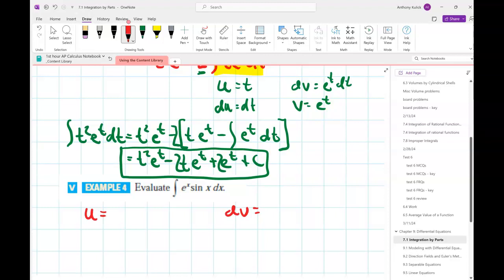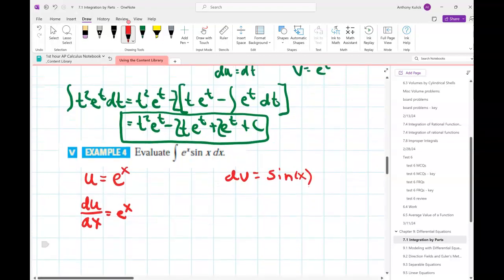Well, e to the x is easier to integrate, sure. I think, though, you probably want to go the opposite route. It might not matter, actually, but I think I probably would have gone this route. But I don't know that it would have been super clear. This one might have you do a little bit of guess and check.